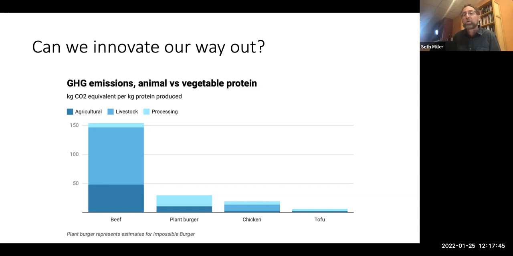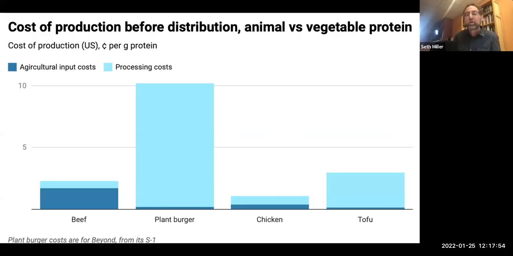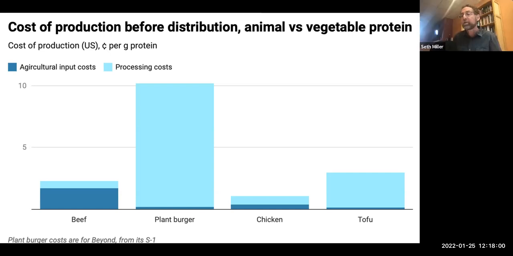Chickens have a lower impact than plant-based protein on the environment. And if I go to the cost slide, chickens are also incredibly inexpensive. Part of the reason is that chickens are a commodity, and commodities have very little profitability. They also tend to have very large scale.